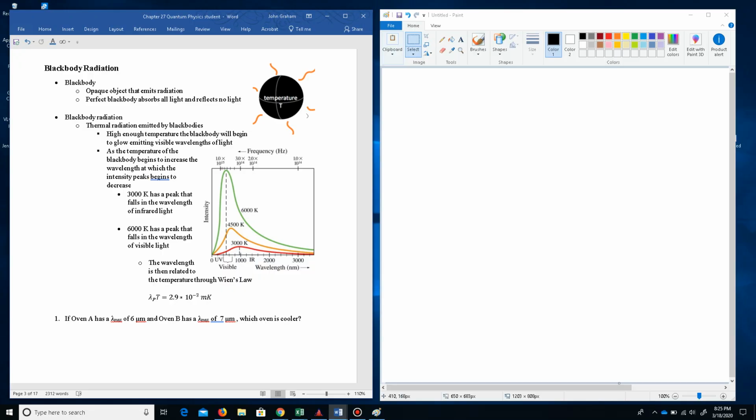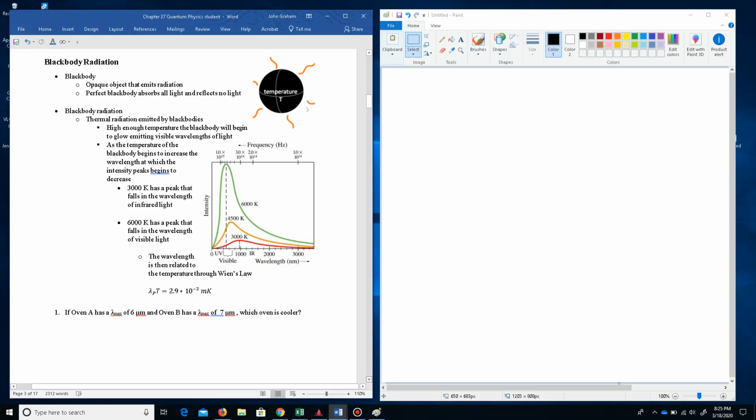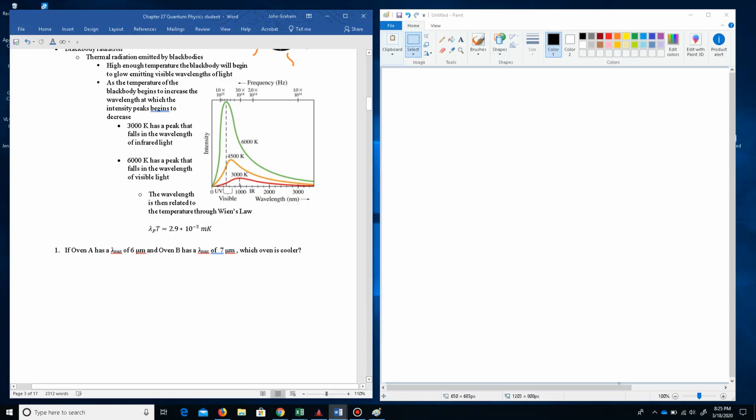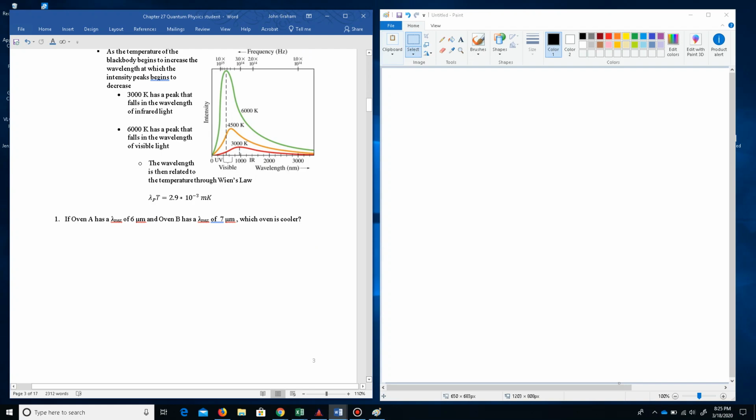And so for the first example we have in this chapter, we are looking at two different ovens.